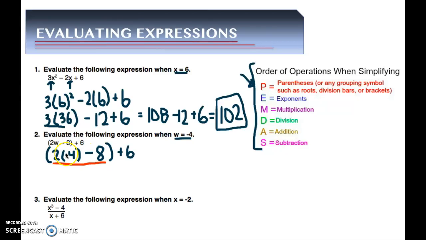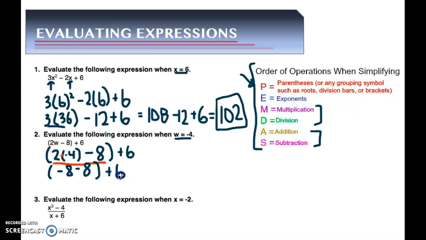I have a subtraction and I have multiplication over here with these two terms. Order of operations tells us that I do multiplication and division first before I do addition and subtraction. So inside my parentheses, I have a 2 times a negative 4, which is a negative 8. I subtract another 8 inside my parentheses, and then I will add 6 at the end.